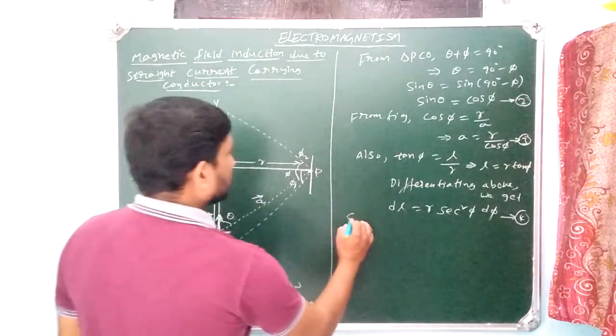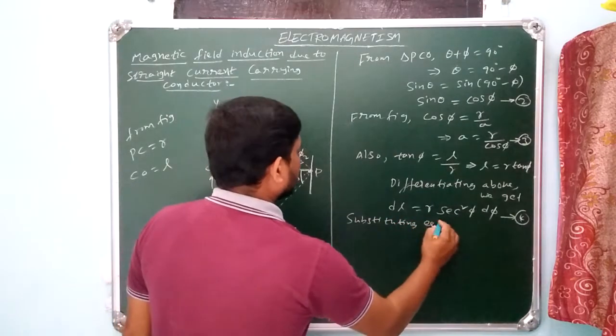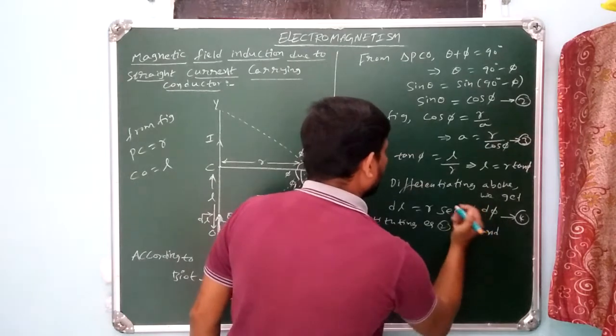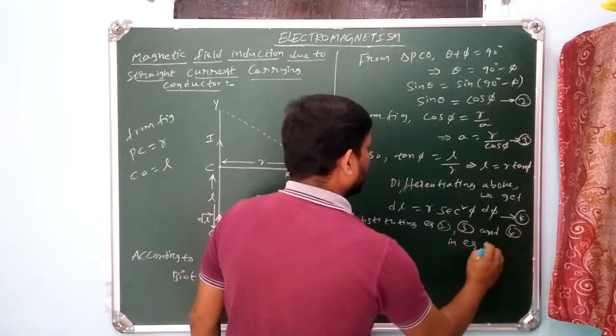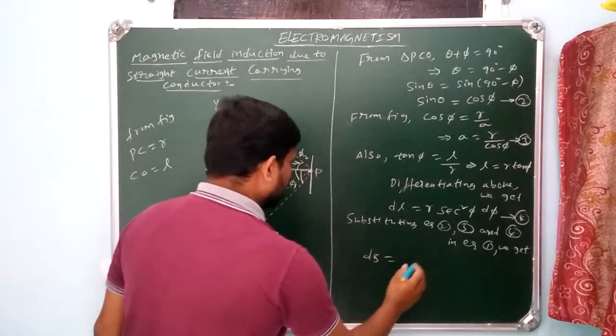Now substituting equations 2, 3 and 4 in equation 1, we will get dB is equal to how much here?